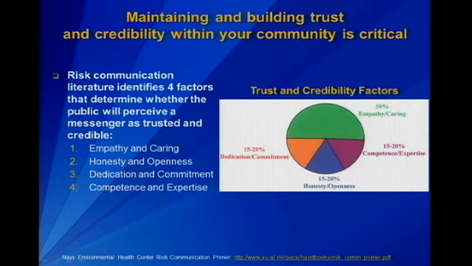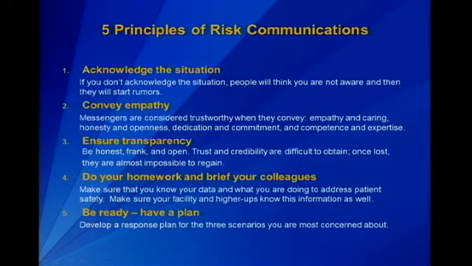And those are if the person shows empathy and caring, honesty and openness, dedication and commitment, and competence and expertise. So we're going to give you an example of 5 healthcare facilities in different scenarios that actually have demonstrated these factors: empathy and caring, honesty and openness, dedication and commitment, and competence and expertise.